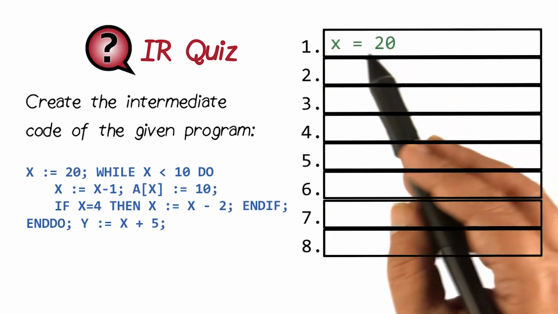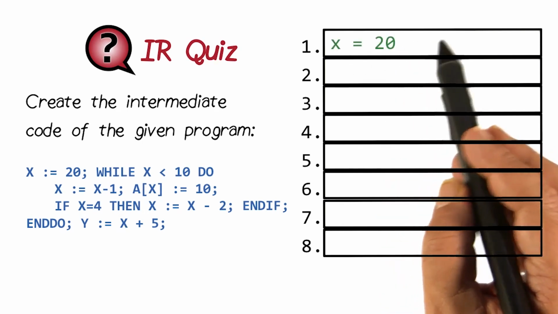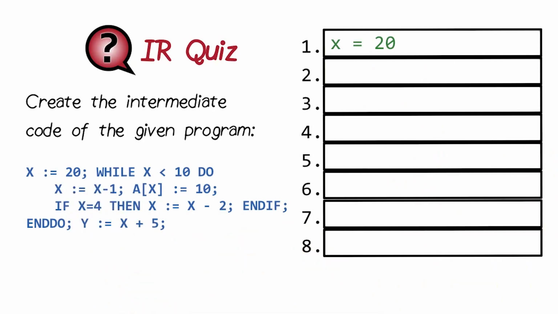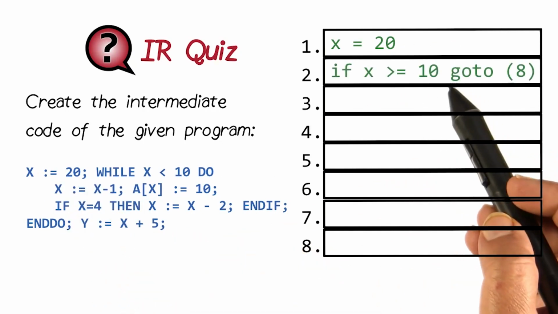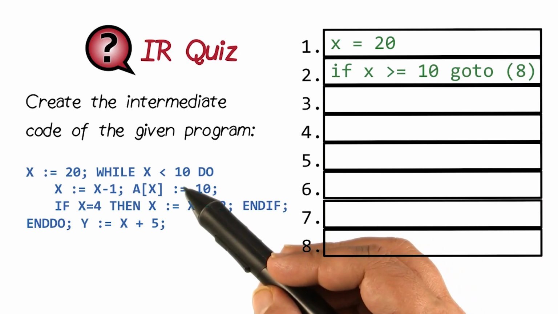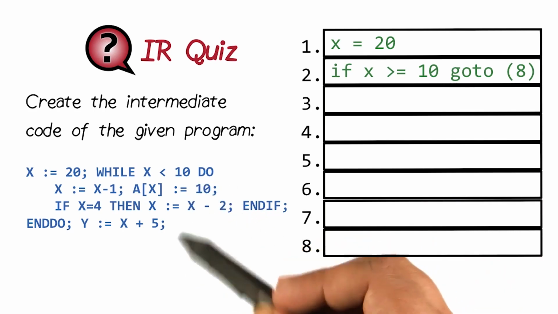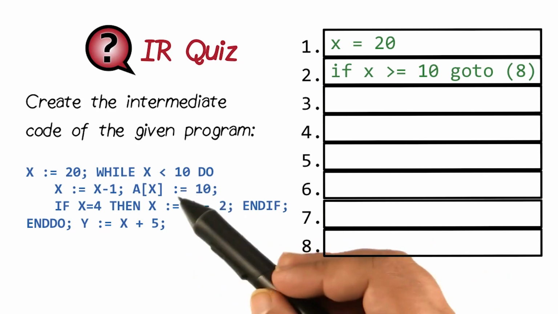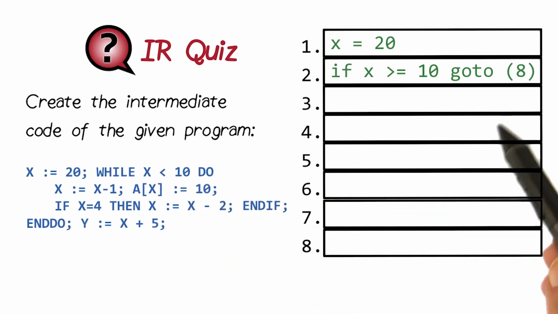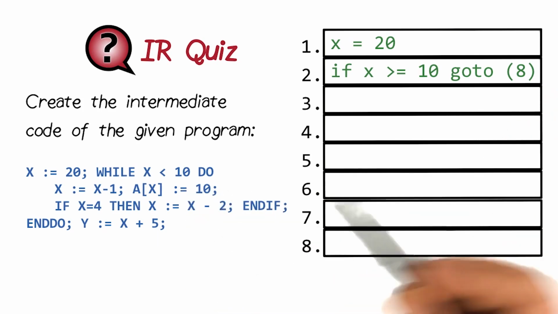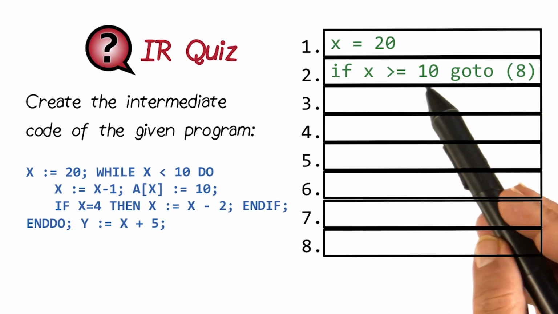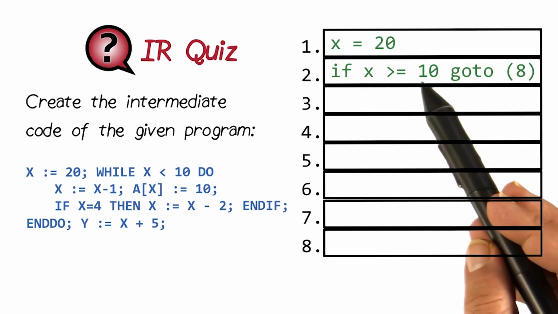So obviously the first statement is X is equal to 20. That is the IR code that is generated. The second one is, as you can see here, if the condition is false, we are going to branch out completely out of this particular loop, and that branch is shown to go to the last statement here. We have flipped the condition here.